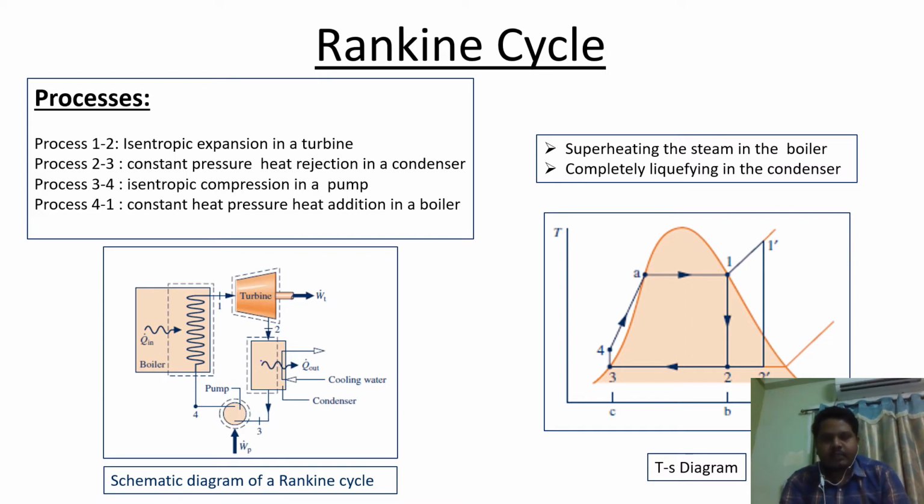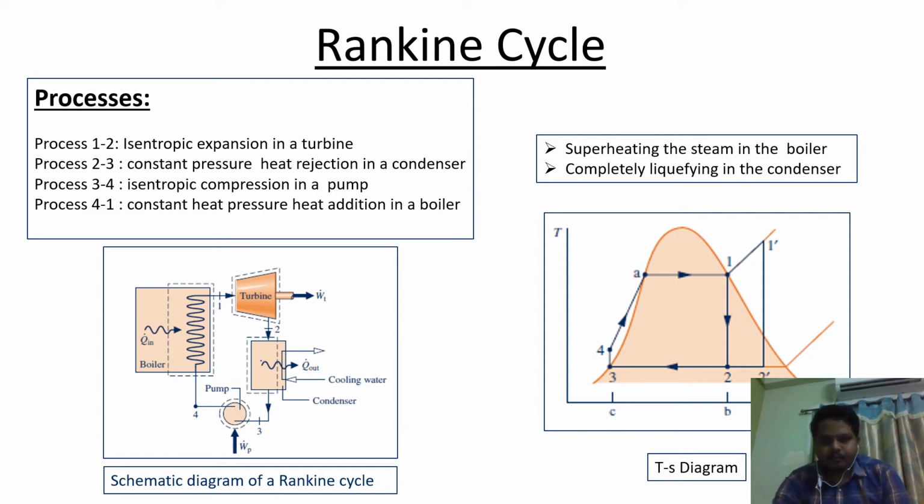The difference between the Rankine cycle and the Carnot cycle: in the Carnot cycle there are two isentropic processes and two isothermal processes. But in the Rankine cycle, there are two isentropic processes and two constant pressure processes. Here heat rejection and heat addition take place at constant pressure. That is the difference between the Rankine cycle and the Carnot cycle.